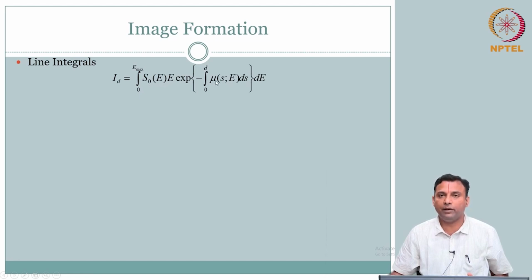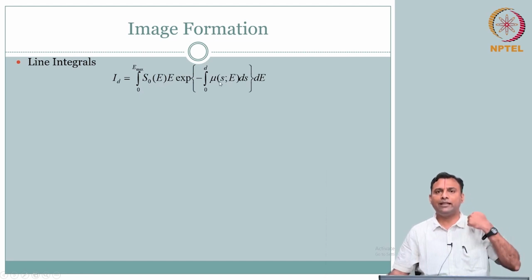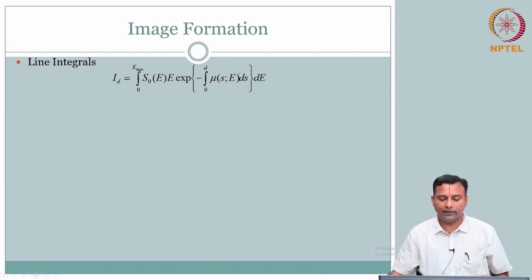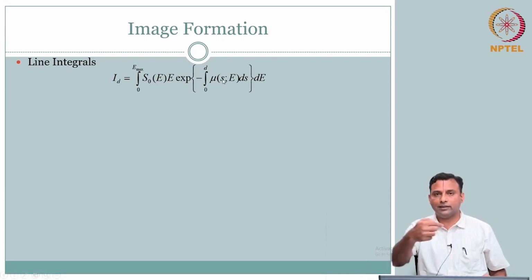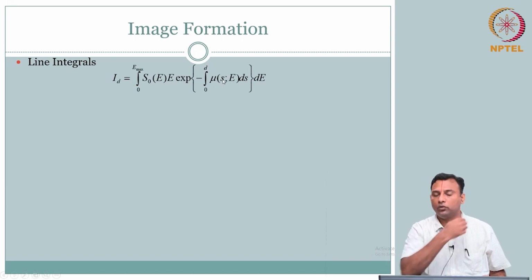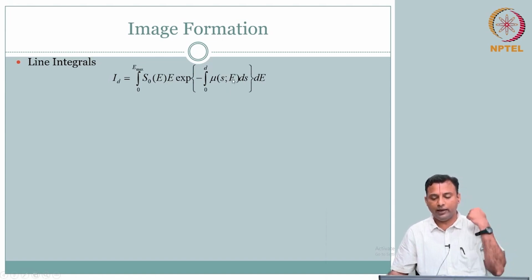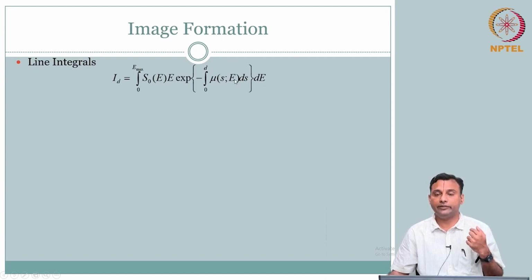Mu, the material property, is a function of both. S is along the line segment. Yes, we used x or r in our previous variables, but S is just the variable along the line. So your mu is a function of position along the line and energy.